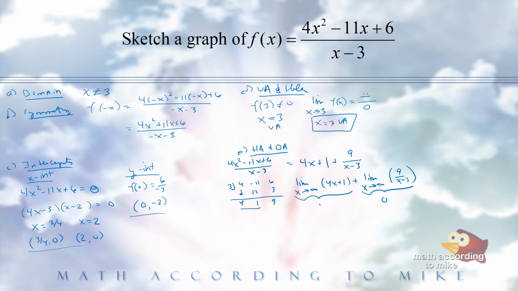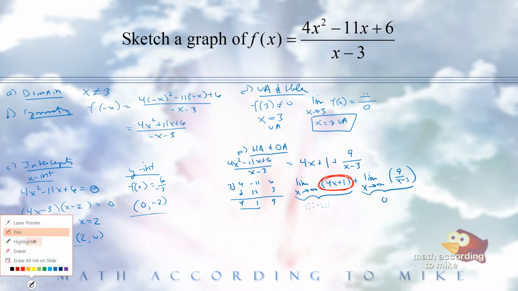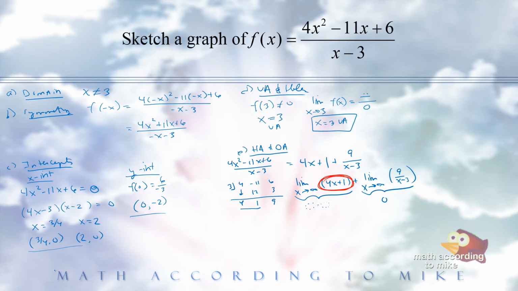This part does go to infinity, but the whole idea is as x gets really, really big, we're getting closer and closer to this line, 4x plus 1. So y equals 4x plus 1 is your oblique asymptote. Notice if we went to negative infinity, we would have gotten the same result.